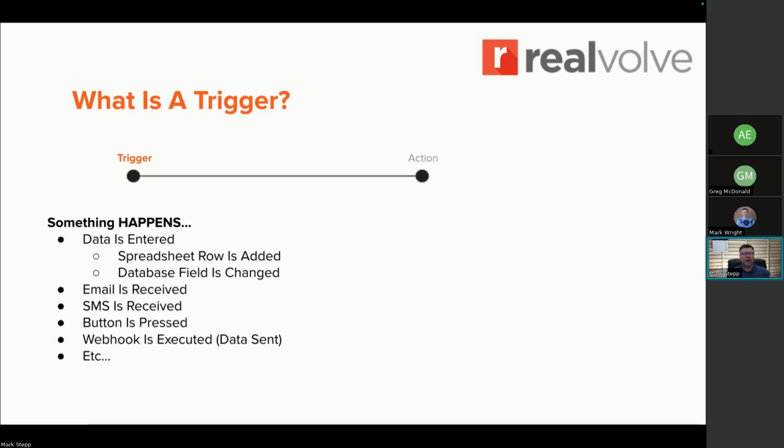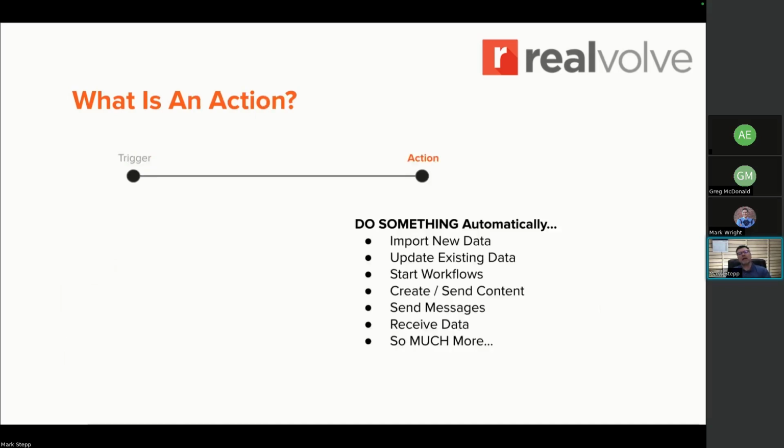There's lots of different possibilities, but the trigger is the thing that starts it off. Okay, just something happened. We don't know necessarily what it is, or it could be lots of different things, but it definitely is something that happens, and we can quantify it. We can figure out that something did happen.